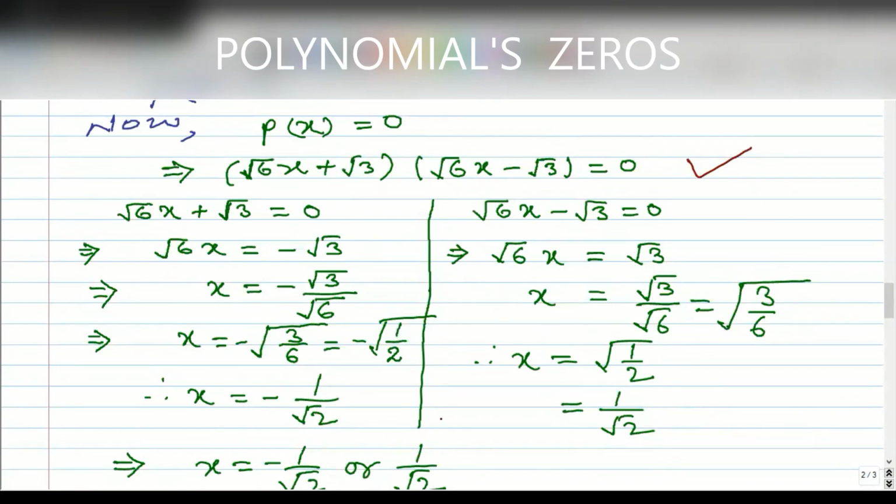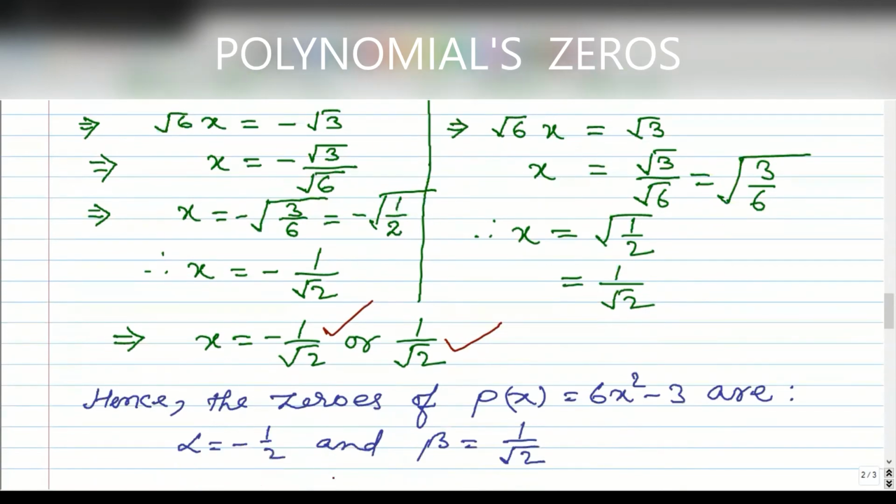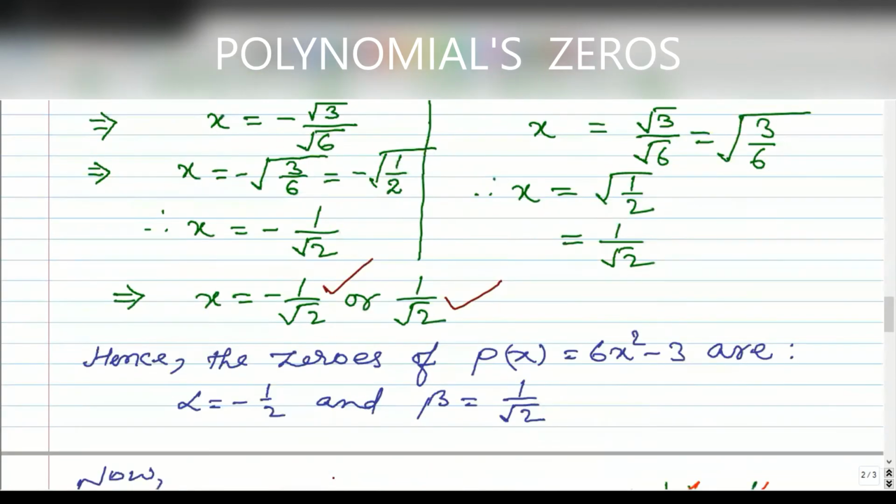After computing, we get x equal to minus 1 by root 2 or 1 by root 2. Hence, the zeros of p(x) equal to 6x square minus 3 are alpha equal to minus 1 by root 2 and beta equal to 1 by root 2.